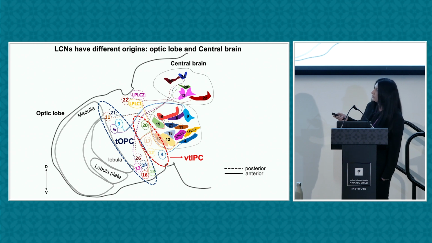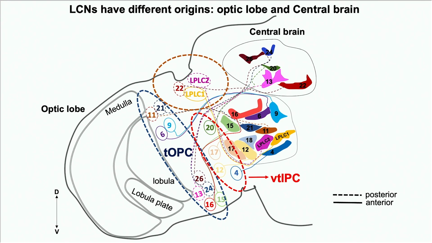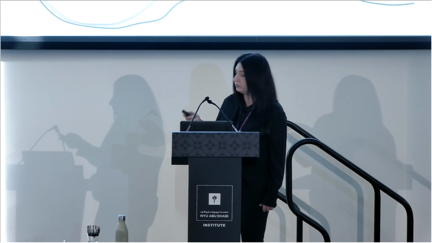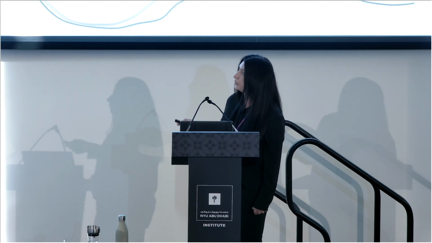And so we were left with this population of lobular columnar neurons here that are also located kind of far away from the other two. We couldn't find these neurons in our VTIPC or TOPC populations. However, when we did more analysis, we found that these neurons actually come from the central brain.